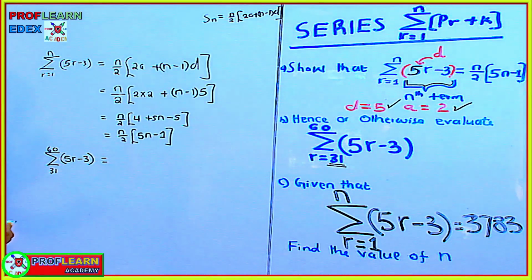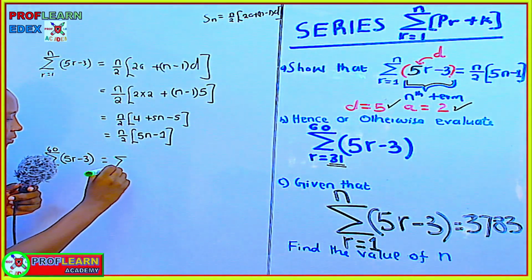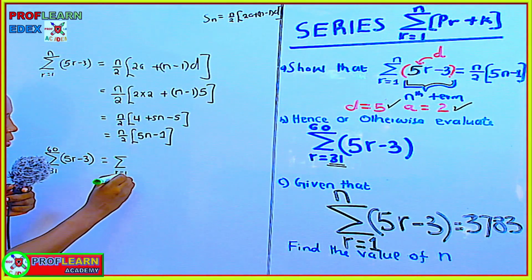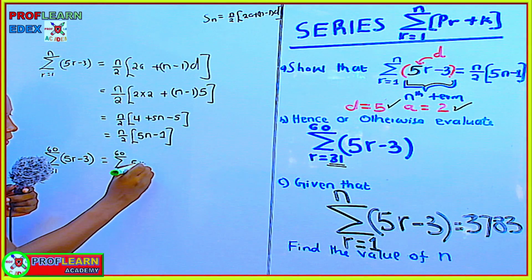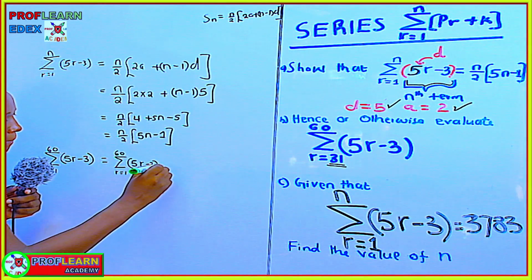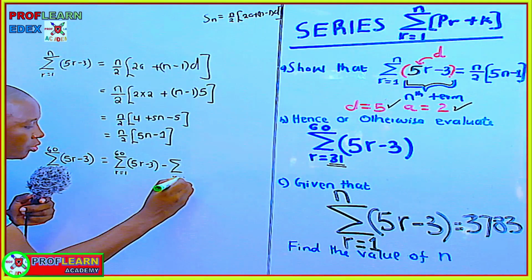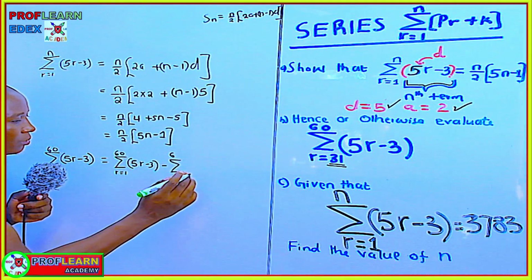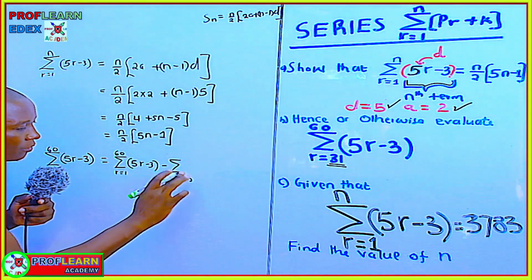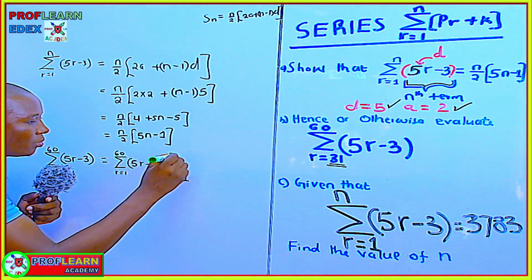This is the same as evaluating from r equals 1 all the way to 60 of 5r minus 3, minus evaluating from r equals 1 all the way to 30.